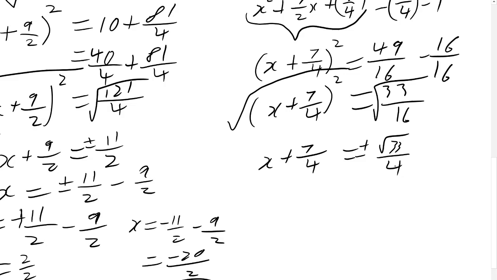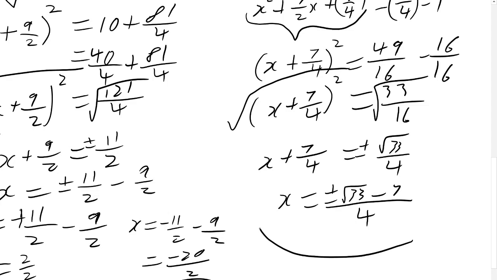And then we just have plus or minus square root of 33, subtract the 7 over 4, we can just keep the 4 underneath everything. And this is our final answer.